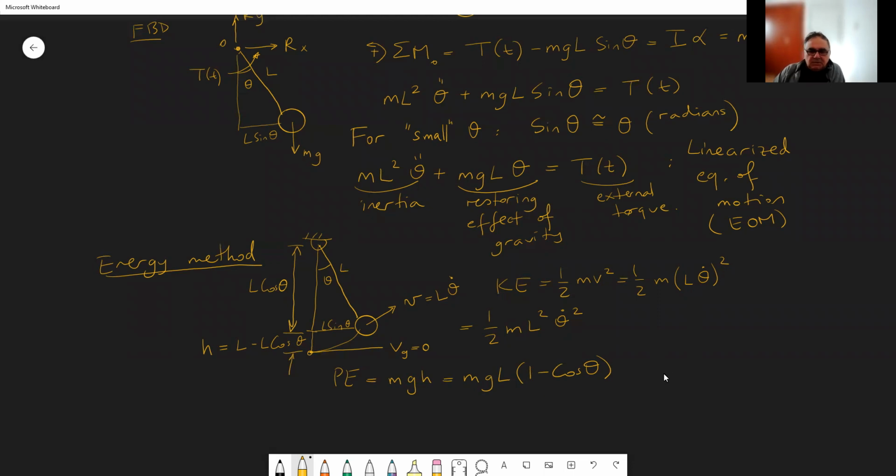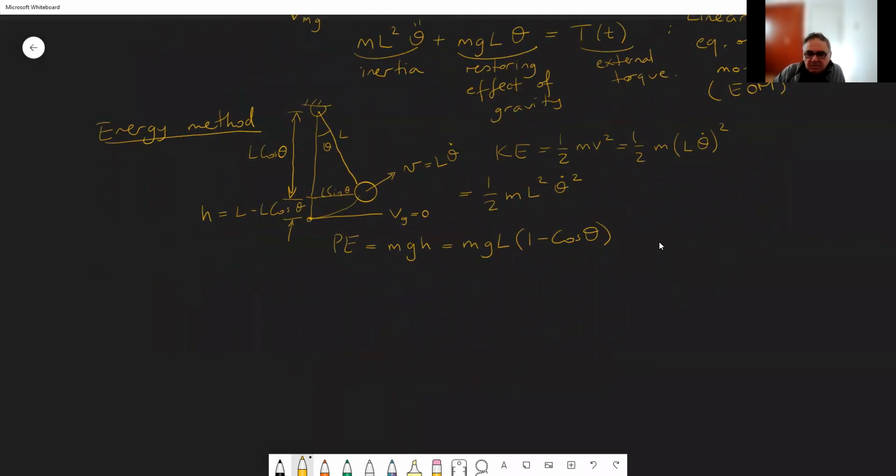Okay, so kinetic and potential energies are done. Well, let's take the total energy. Total energy is kinetic plus potential, which is 1/2 mL squared theta dot squared plus mgL(1 minus cosine theta).